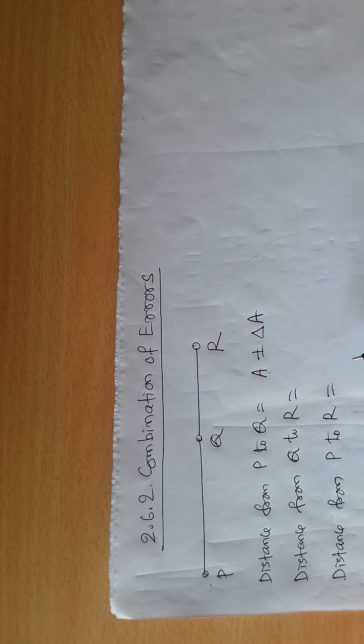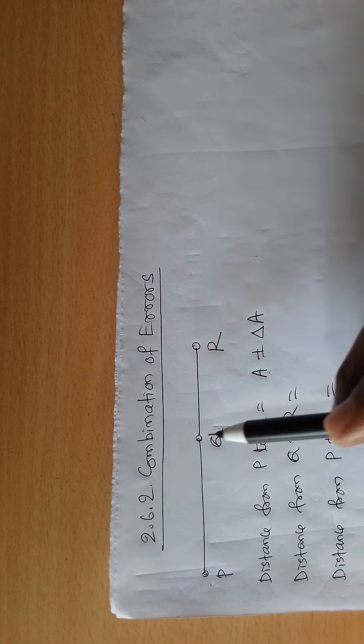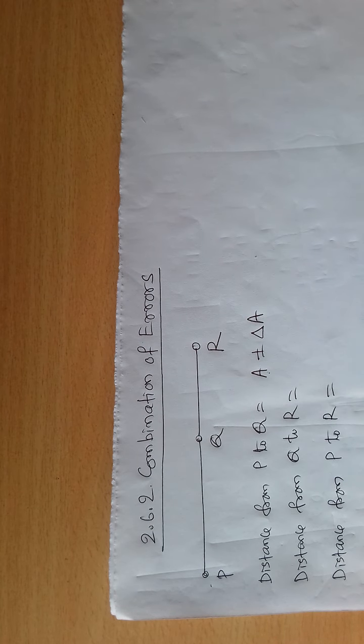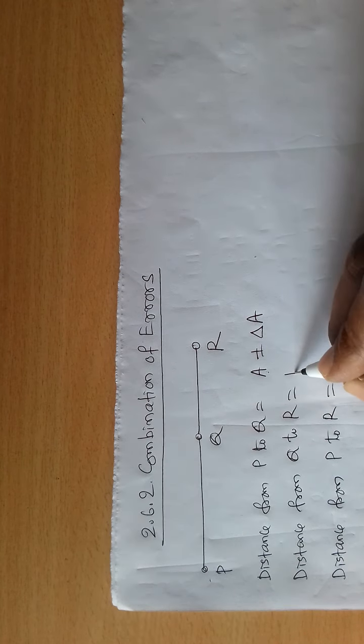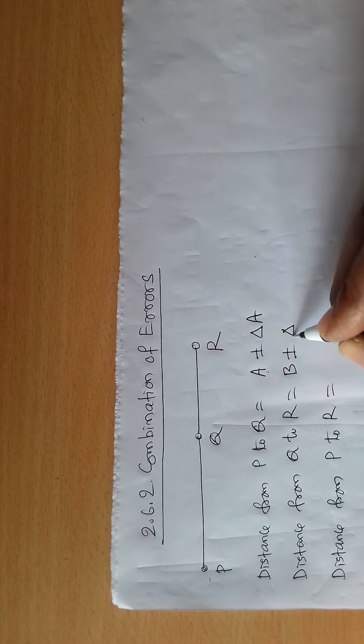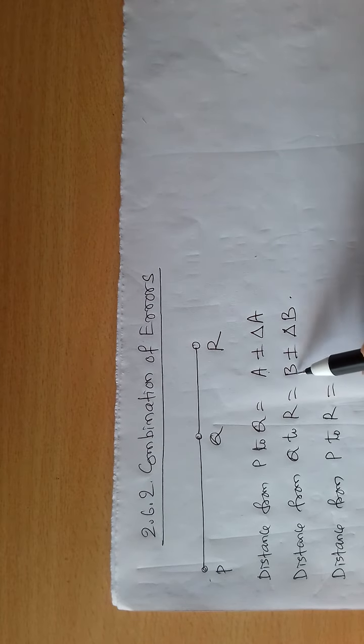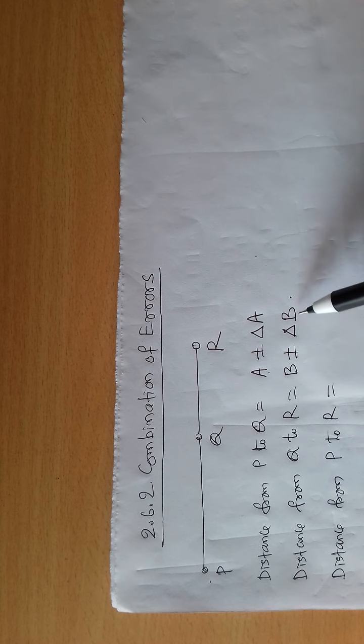Okay. Afterwards you measured distance from Q to R, and that is expressed as B plus or minus delta B. B is the mean value and delta B is error.